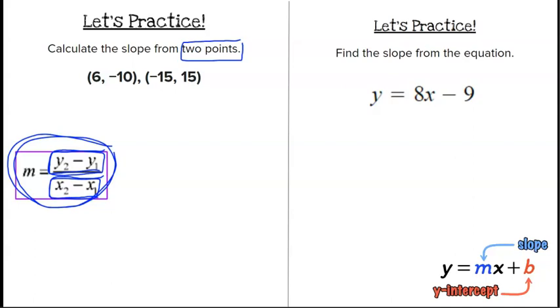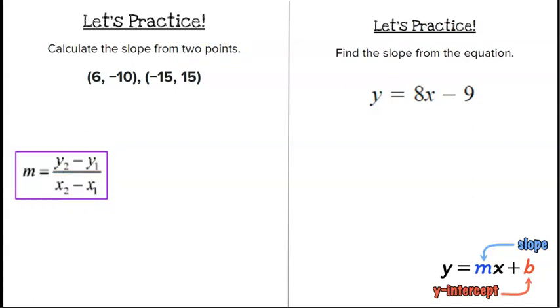So first off, we need to label our coordinate points. A coordinate point always comes in an xy pair. Since this is our first coordinate point, we call this x1, y1. And this is our second coordinate point, so we call this x2, y2.